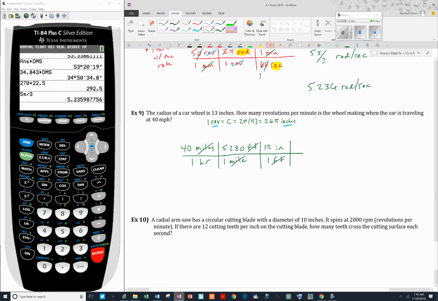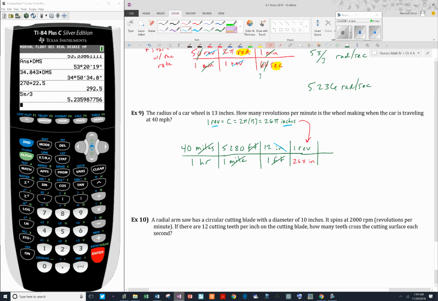I want to be in revolutions per minute. So we need to get, let's stick with the inches to revolutions here. And this is kind of the main one here. The stuff that we just came up with right here is going to help us out in this conversion. We know that 26 pi inches, and I'm putting it down below because I want to get rid of the inches, is equivalent to 1 revolution.